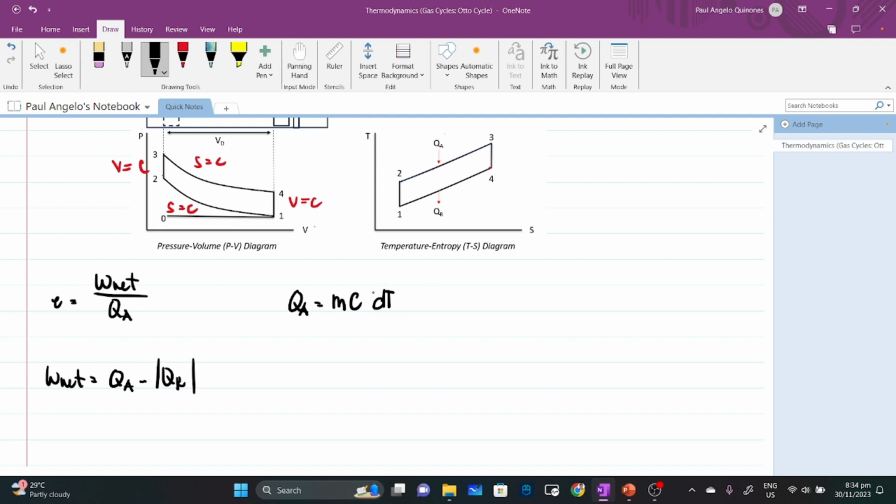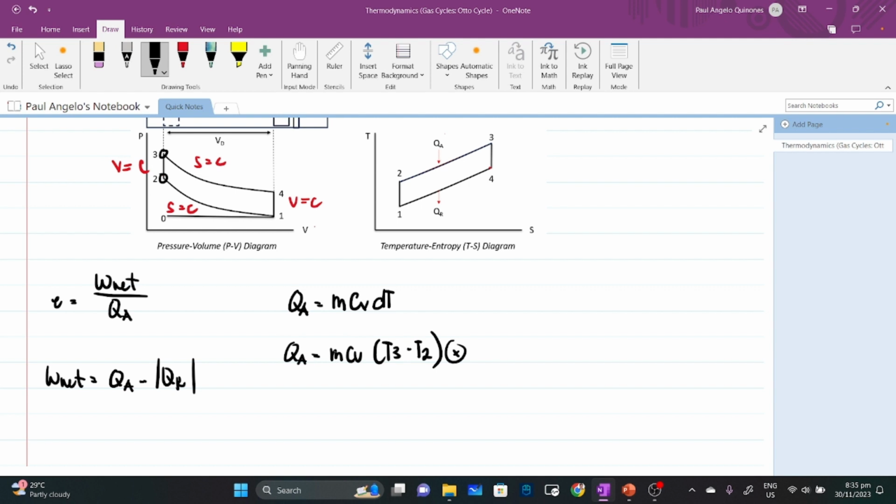As we've mentioned in the previous video, C, or your specific heat, is always dependent on the process. This one is a constant volume process. Therefore, this should be CV. And then the changes in temperature correspond to the limits. The limits here are T3 and T2. So we can conclude that QA is equal to MCV (T3 minus T2). Okay?